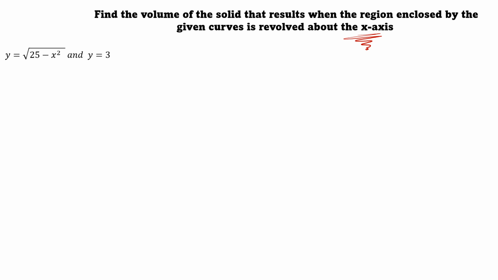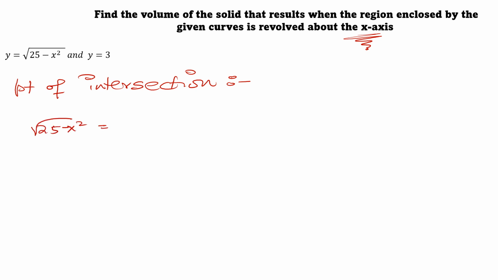We need the point of intersection to understand or to write the lower and the upper limit. So in order to find the point of intersection, first of all, we keep the two equations equal to each other. So we write square root of 25 minus x square equals 3.